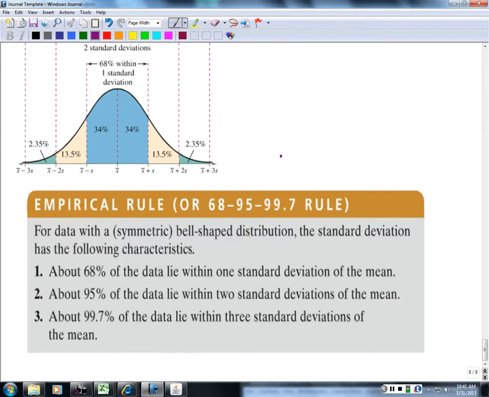Whoever collected the data did a lousy job. Okay? And that's why we do things like this, because we can figure out if mistakes are made. And we can also figure out what's going on within these 3 standard deviations of the mean. Now, as I say, symmetric bell-shaped distribution, we're also going to call it a normal curve or a normal distribution.